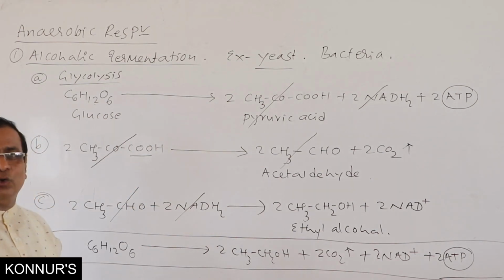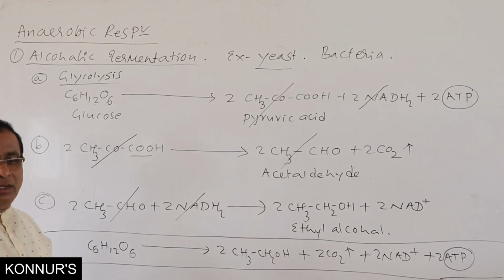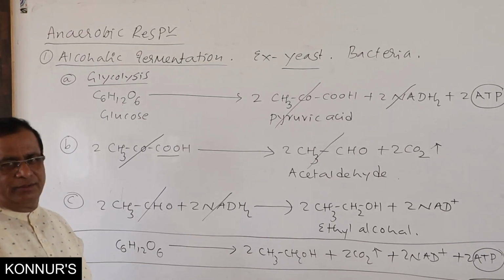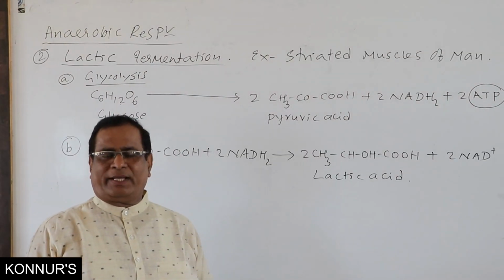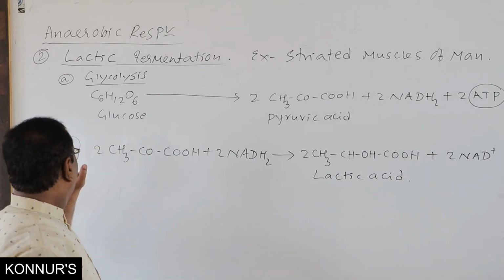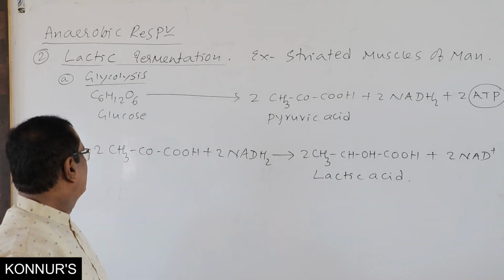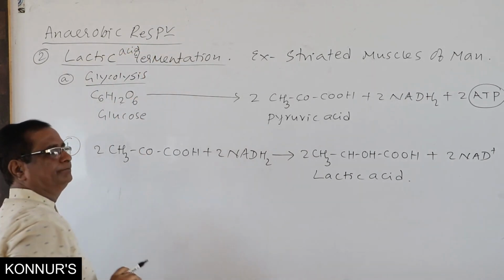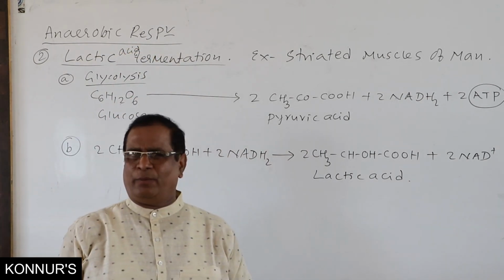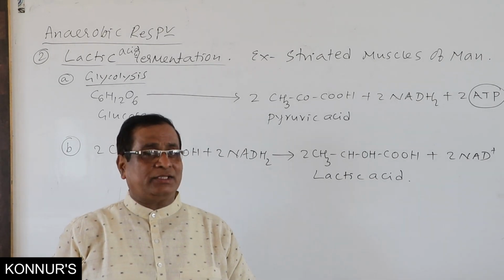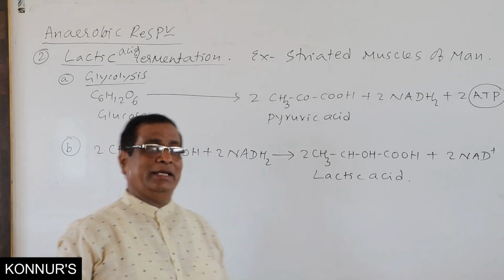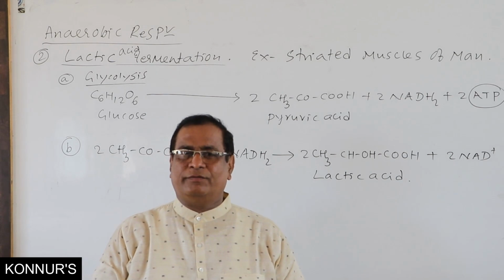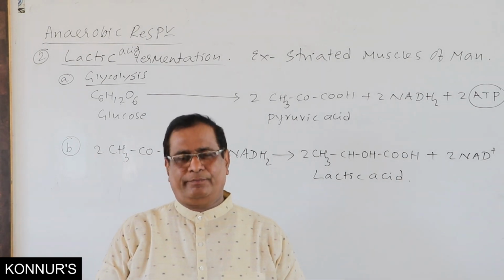And let us go to lactic acid fermentation. Another type of anaerobic respiration is lactic acid fermentation. It is also anaerobic respiration and takes place in striated muscles of man.